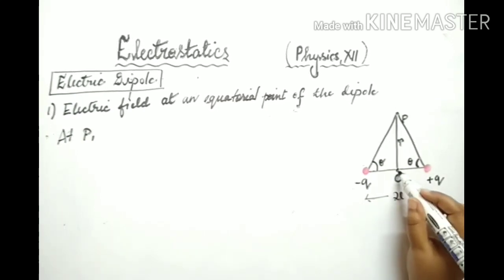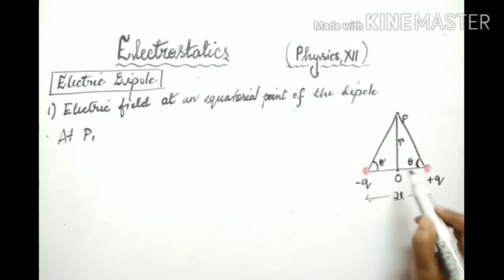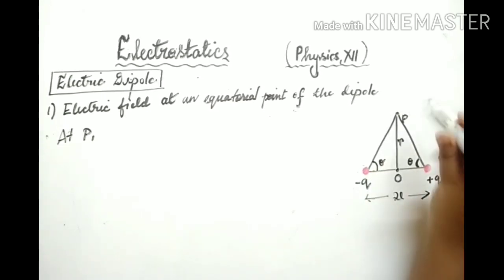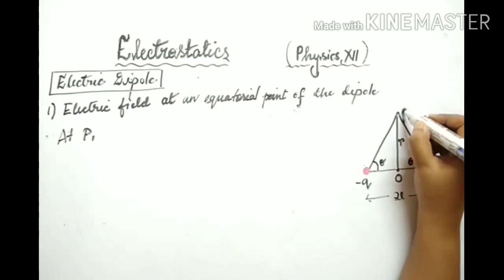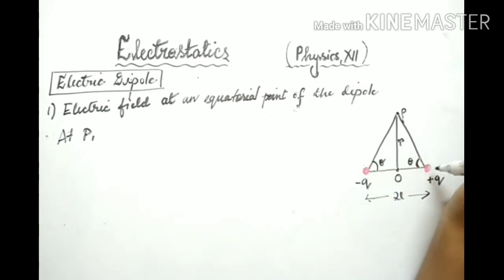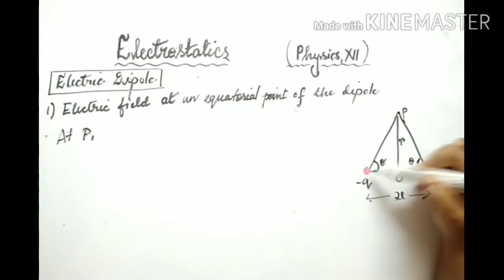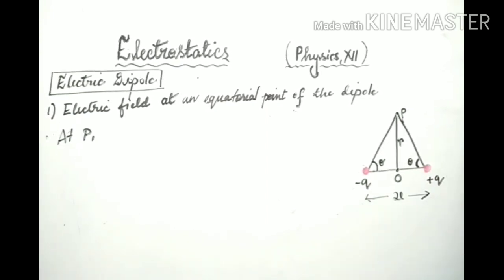And if we draw a line which is a perpendicular bisector of this line, and if we take any point on this line as P, and we join this P with the two charges, here it is joined with minus Q, and here it is joined with the positive charge.